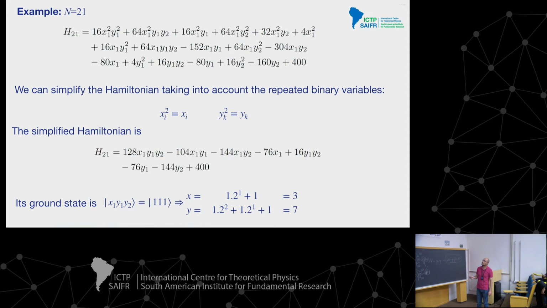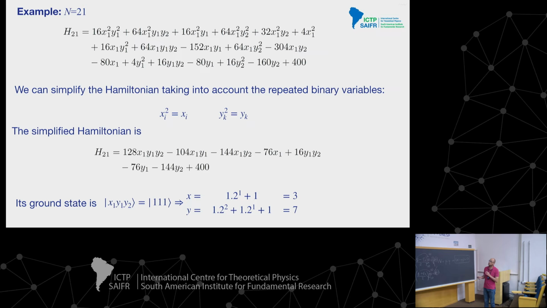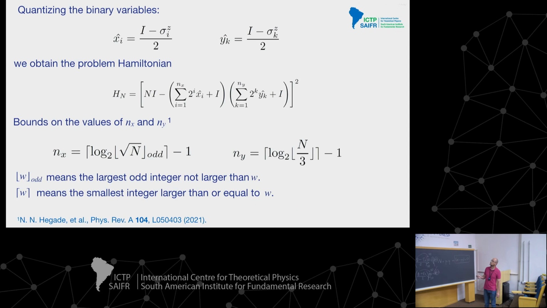Okay? Let's take, for instance, the number 21. I want to find the prime numbers that multiplied will return 21. Okay, you already know that's 3 and 7. But how it works on the quantum computer, our first task is to write this expression here. Okay?